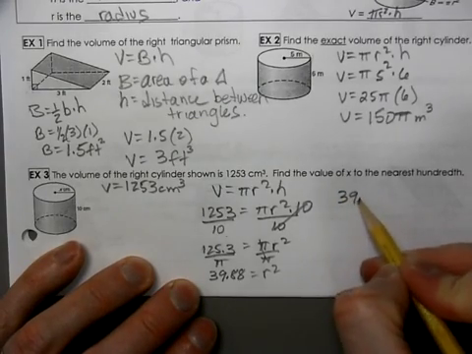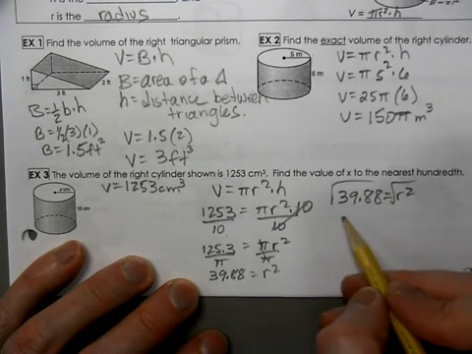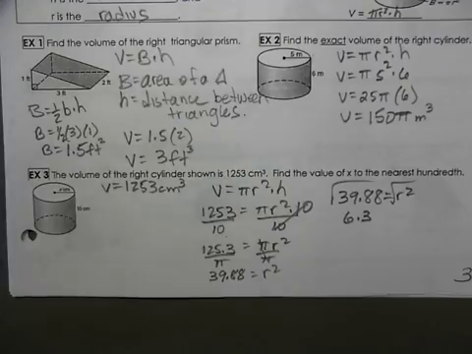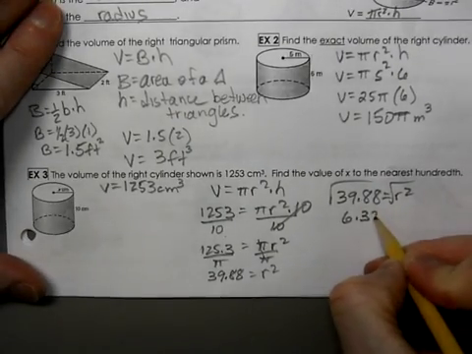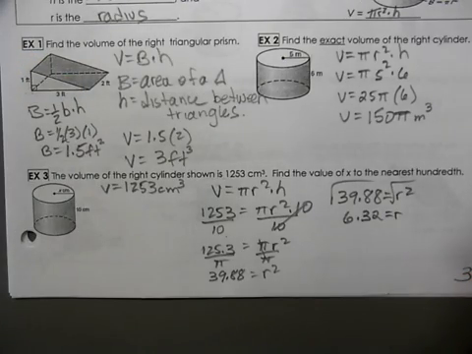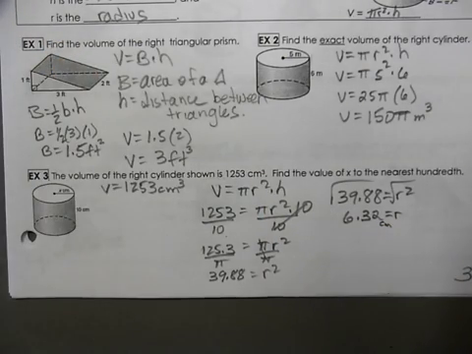So from 39.88, we'll take the square root, and that'll leave us with 6.32. That would be the square root of 39.88, 6.32, and those would be centimeters. It's a radius, so it's not cubed, it's not squared, it's a length. It's a distance from the center of the circle to the edge of the circle.